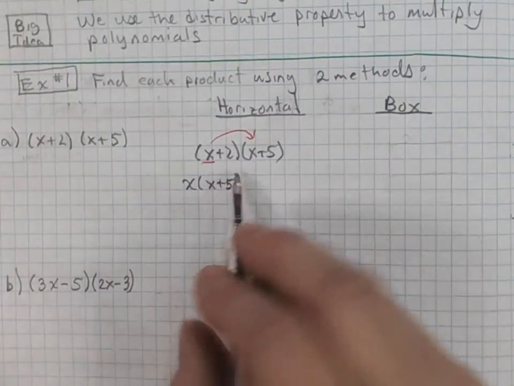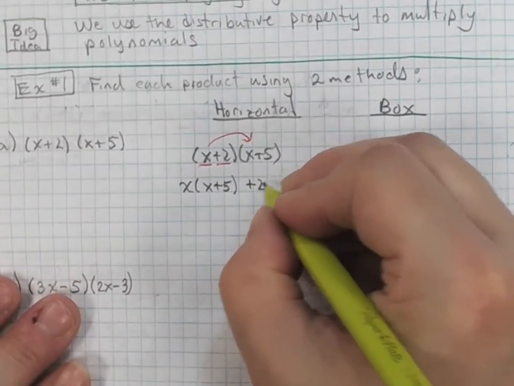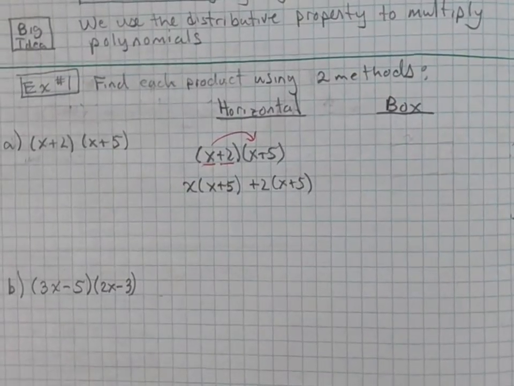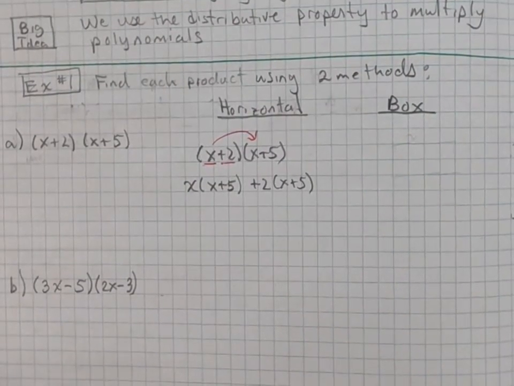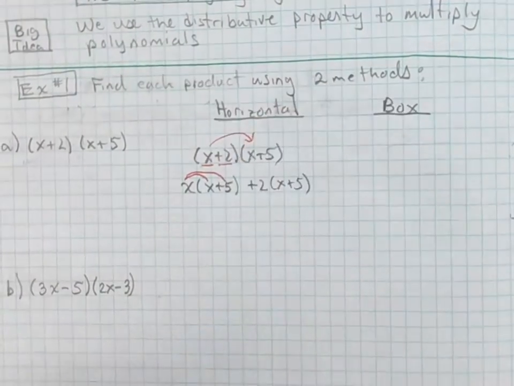Okay, and then next I'm going to multiply by plus 2. So plus 2 times x plus 5. And then I distribute each group. So x times x and x times 5.